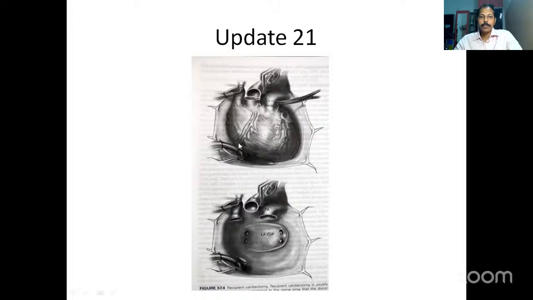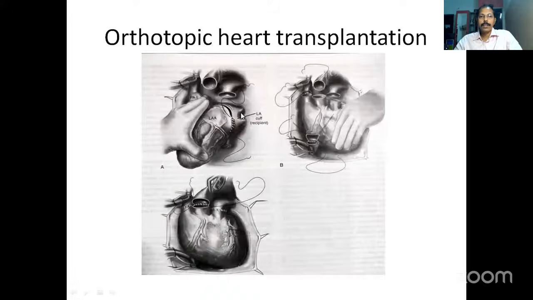If a question is asked like this, this image has been given in your new book. This is after heart procurement from the donor heart, for heart transplantation. So this is a clear-cut example of orthotopic transplantation. So we will be fixing the heart at the same site.